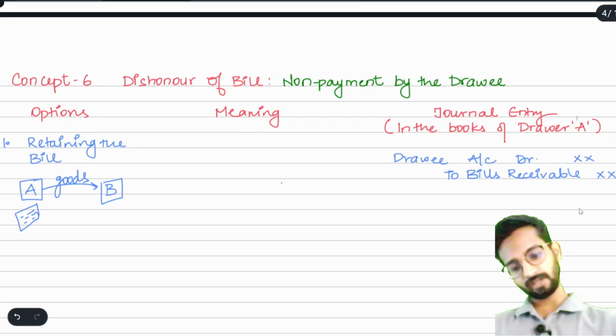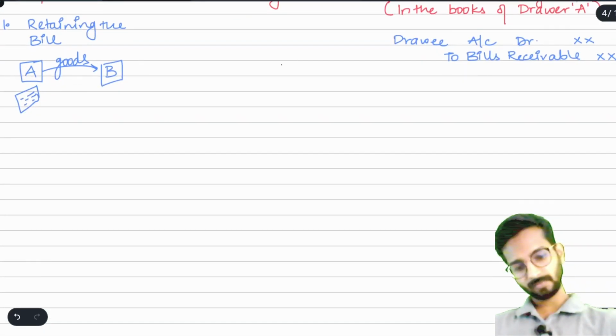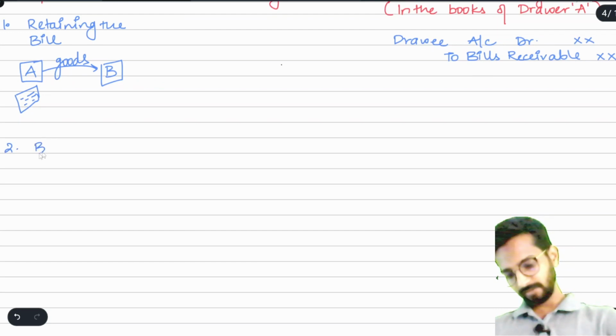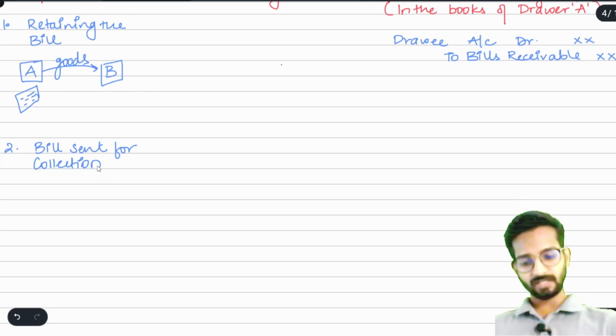Now moving to the next point. Second point we have here is bill sent for collection. What happens in the bill sent for collection? We know that A has the bill. A gave that bill to the bank.